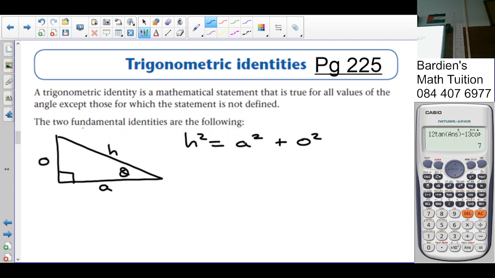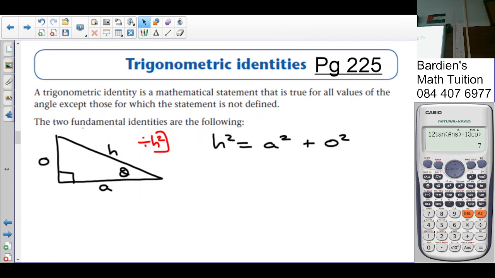And where is that coming from? From Pythagoras. So let's see what's going to happen if I divide that whole equation by h squared. You'll see now why. Don't ask me why. Let's see what we get.